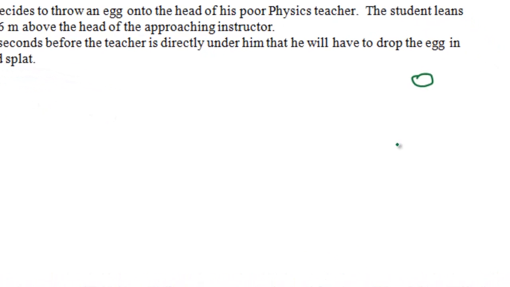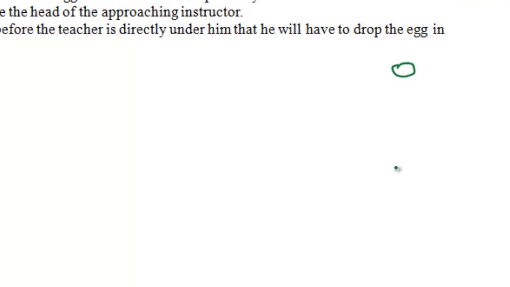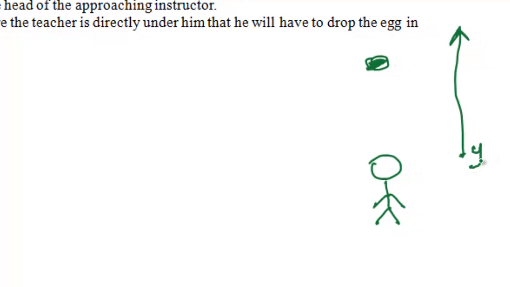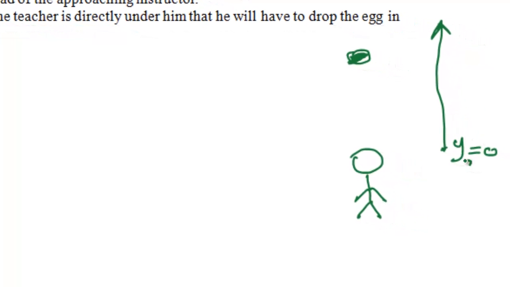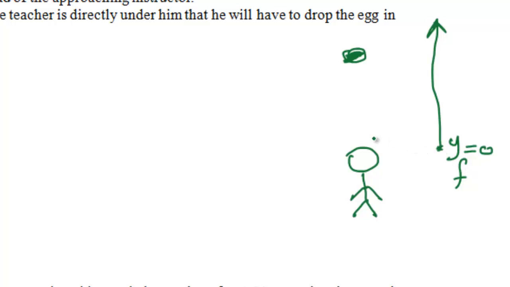This is the egg, and this is the head of the teacher, and the student is 19.6 meters above the head of the teacher. So if we take this position to be the 0 of the y-axis, this is y equal to 0, and this will be our y final, because this is the final position of the egg, and here it will be the initial position of the egg, which will be 19.6 meters.